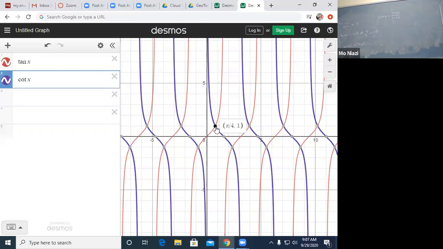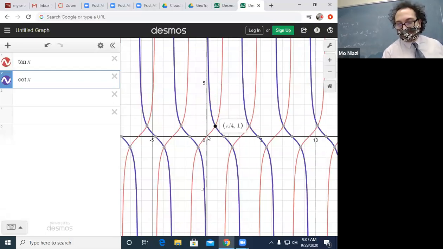So this thing is going to have undefined values when sine is equal to 0, right? When is sine equal to 0? At 0, at pi, at 2 pi, at 3 pi.